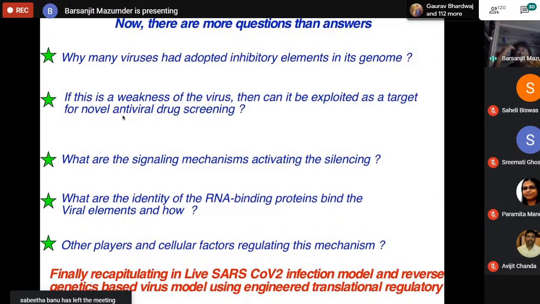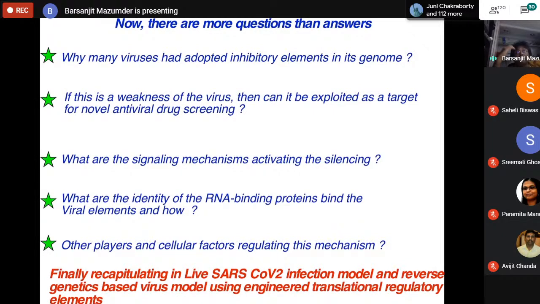So if this is a weakness of the virus, can it be exploited as a target for novel antiviral drug screening? Can we use the same cellular platform that we have shown to screen novel antiviral drugs, which can deliberately promote the GAIT element mediated silencing to counter virus growth?